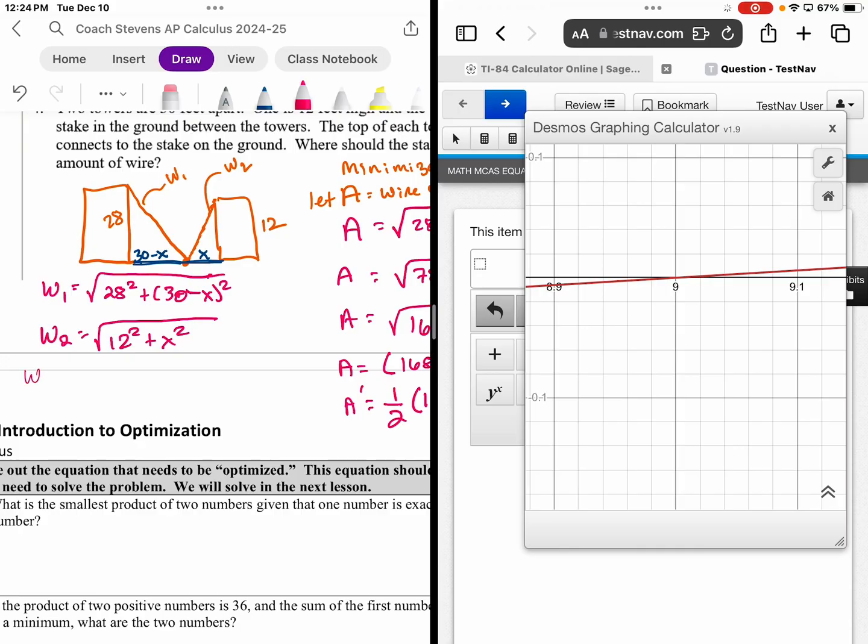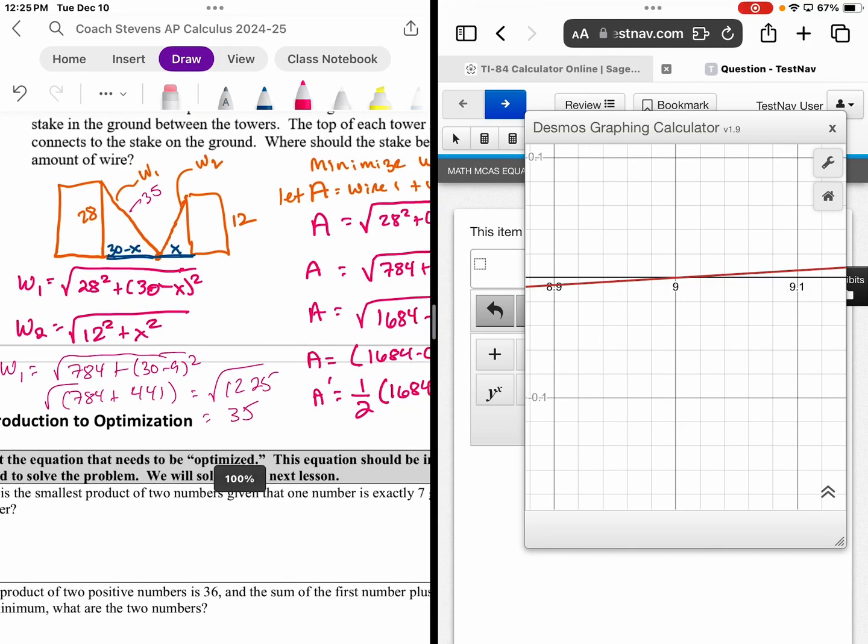So for W1, we would say, what is 784 plus, put 9 in for x, 30 minus 9 squared. That'd be 21. So 784 plus 21 squared, which is 441, and then I've got to square root that. What's the square root of 1225? Oh shoot, that's nice and easy. Isn't that 35?